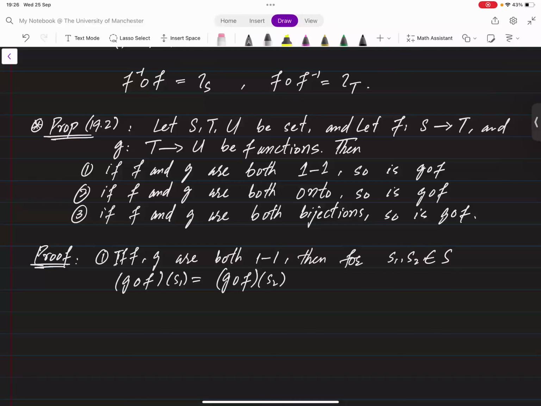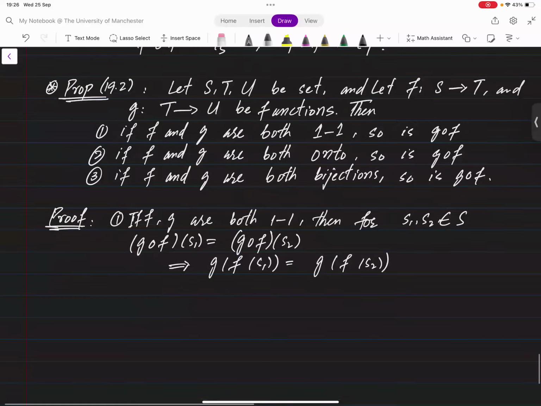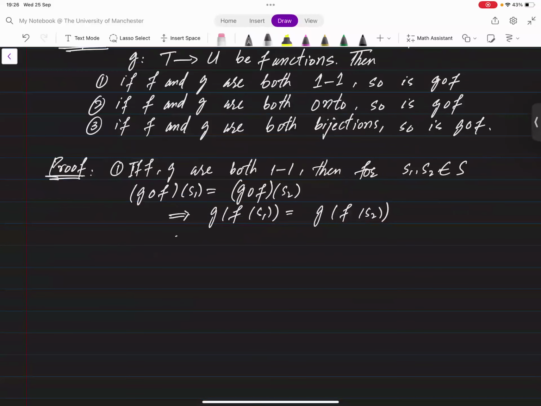Then this gives f of s1 is f of s2, as g is 1 to 1.